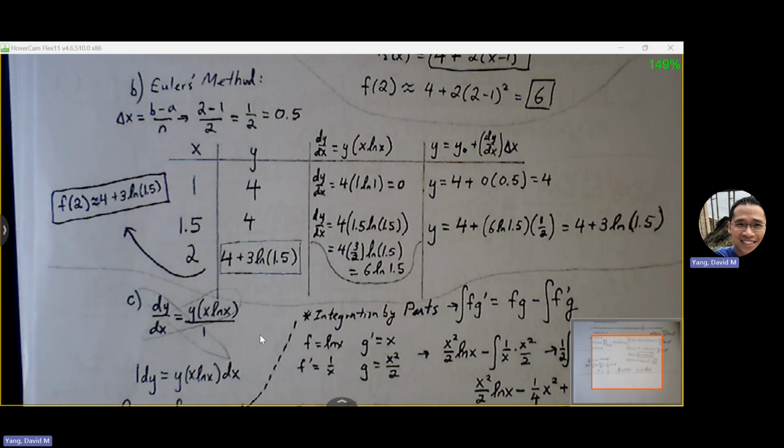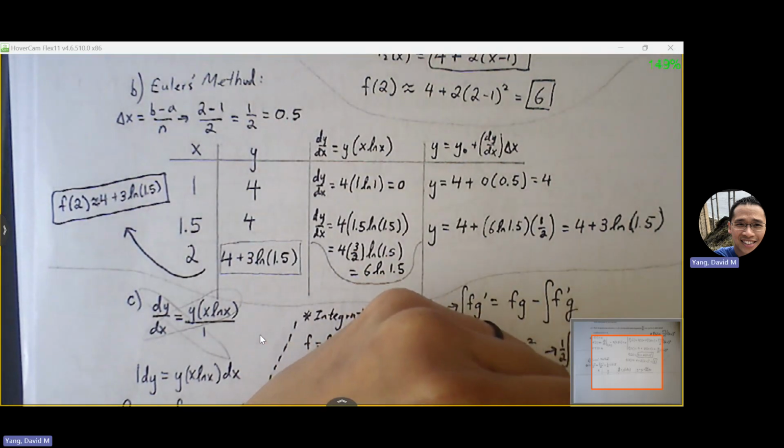Part C, solving a differential equation. This does feel like an AB kind of content, but the reason why it's here is because the integral process is going to require a little bit of integration by parts in order to get through to our solution. So that's why part C is a BC type of problem.